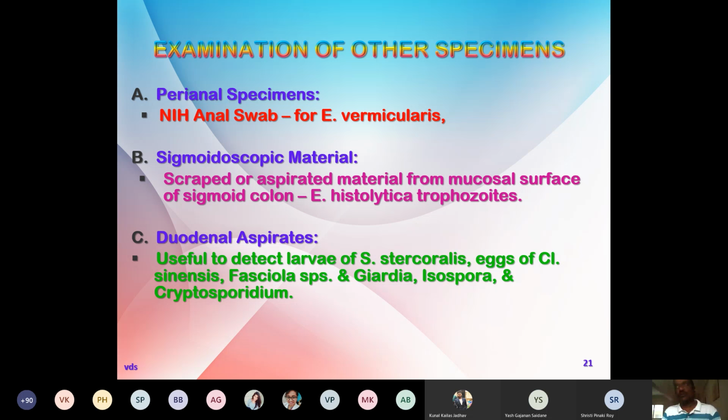Duodenal aspirate, a very important site where most of the parasites are in a live state: Strongyloides stercoralis larvae, eggs of Clonorchis sinensis and Fasciola hepatica, which reside in the biliary passage, and Giardia, Isospora, Cryptosporidium. All these can be detected from the duodenal aspirate.